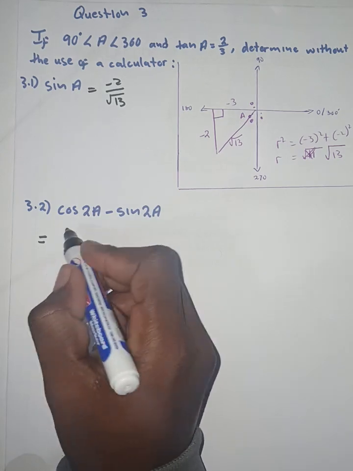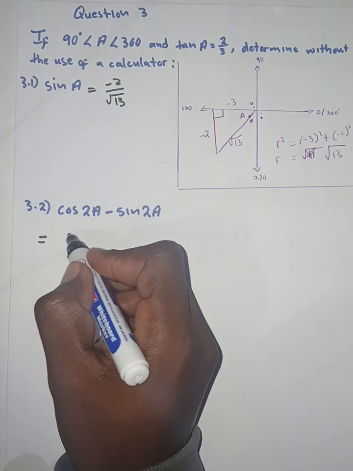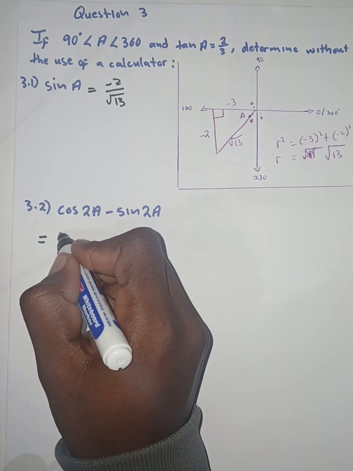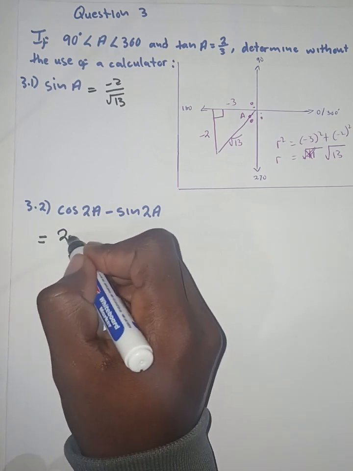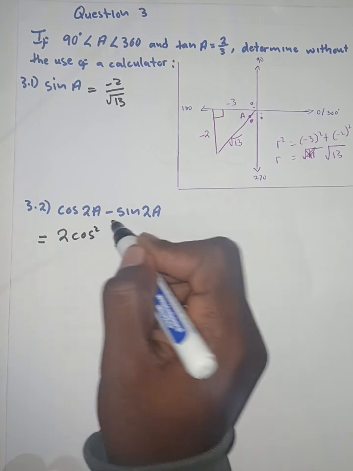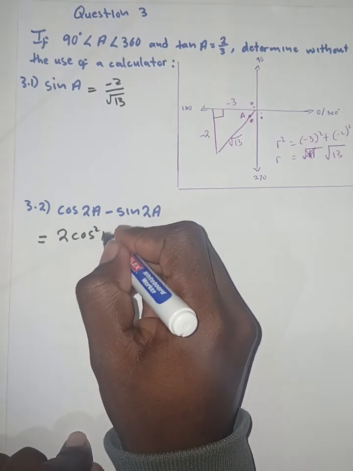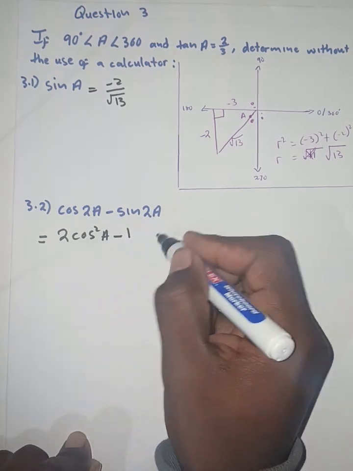So this is gonna become cos. I'm just gonna expand this using cos for a change. So this becomes 2 cos squared of A minus 1.